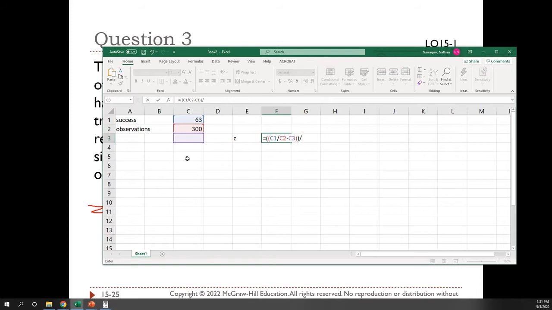Divided by the square root of pi multiplied by 1 minus pi, close parenthesis, divided by our observations.